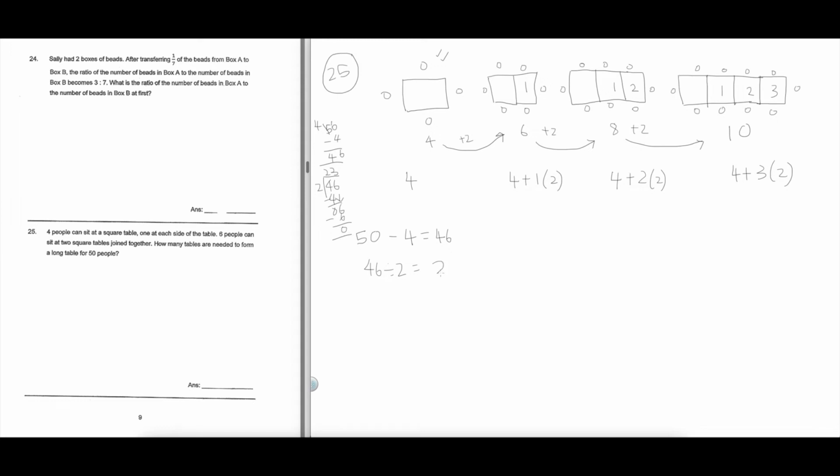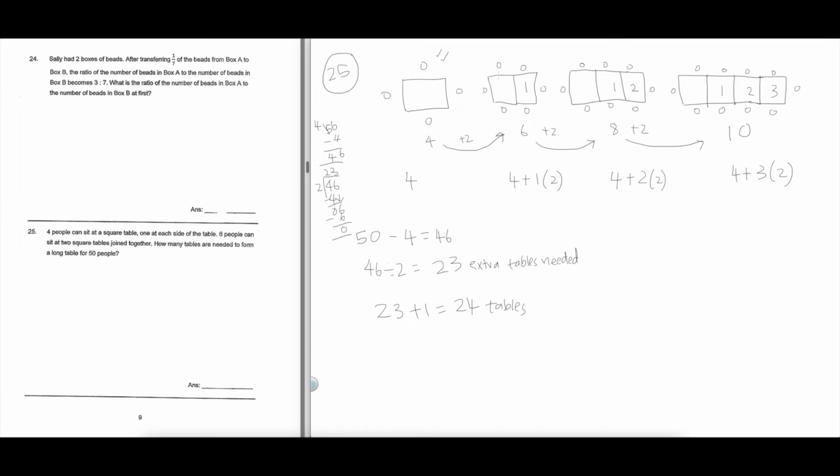I'm going to get 23. So 23 extra tables are needed. How many tables are needed? I need to add back the first one. So my answer is 24 tables.